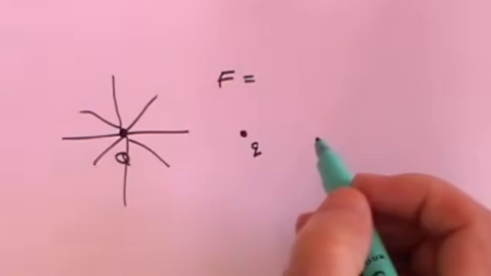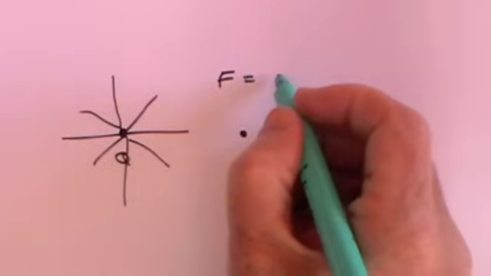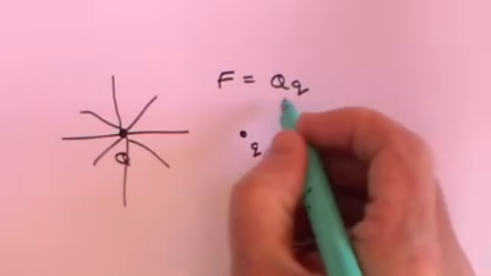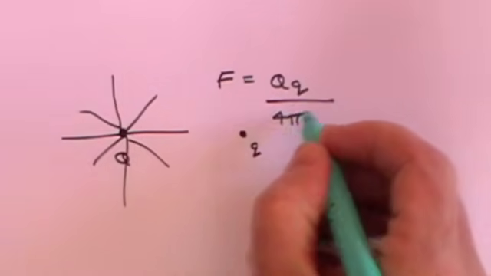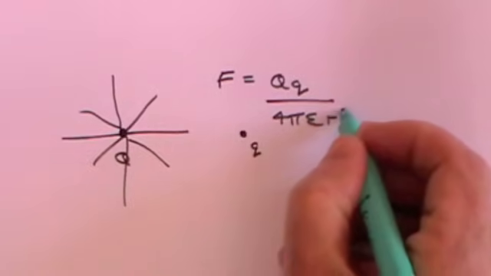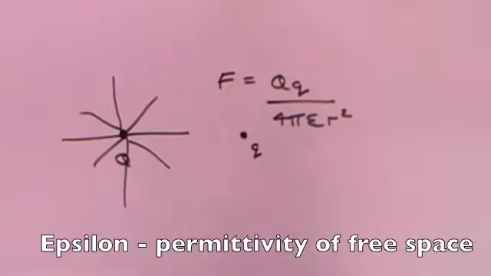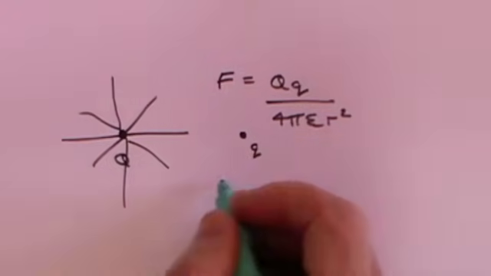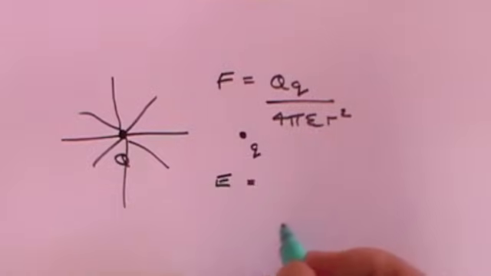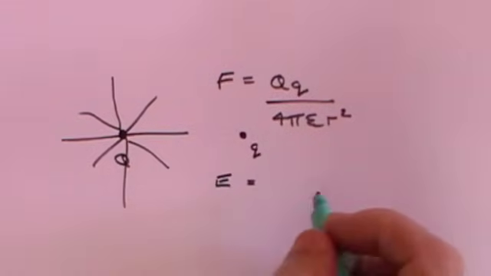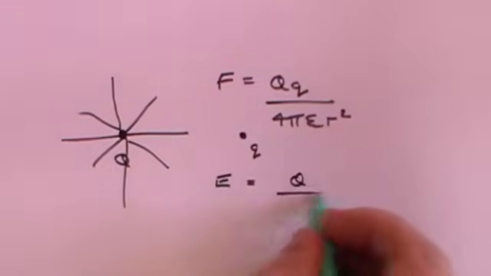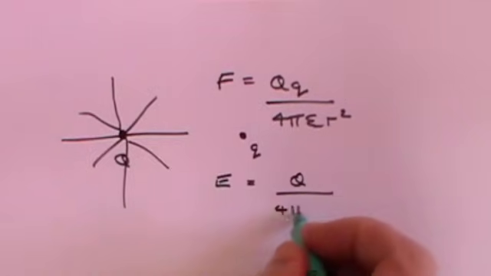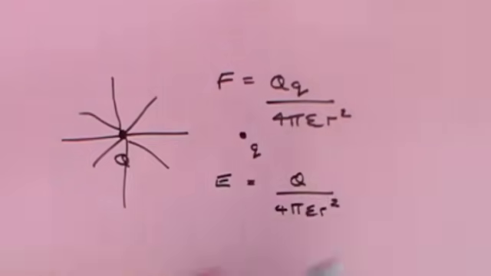And that is given, as we showed in the previous video, by Qq over 4 pi epsilon r squared, where epsilon is the permittivity of free space. And I also said that the field strength at any point is given by Q over 4 pi epsilon r squared. Now, what is field?